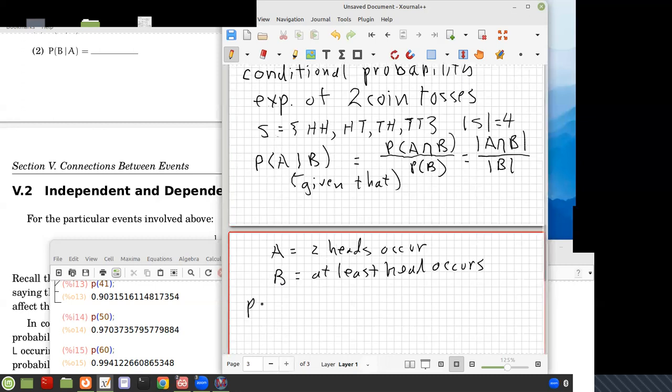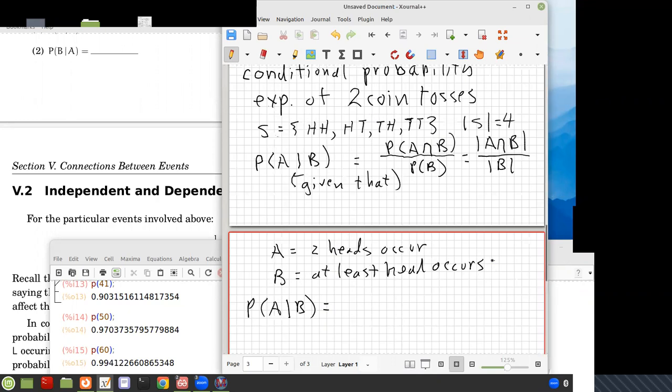So the probability that A occurs given that B occurs, we can do 2 ways. We can either do this counting or look at the probability. Let's look at the probability first, directly. The probability that both occur: what's the intersection of the event that 2 heads occur and at least one head occurs?